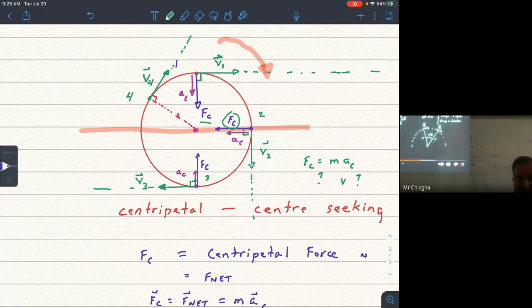But these are just magnitudes now. The radius of the circle doesn't change. That side is just delta R. If we are in uniform motion, the speed doesn't change. That side of the triangle is just delta V.